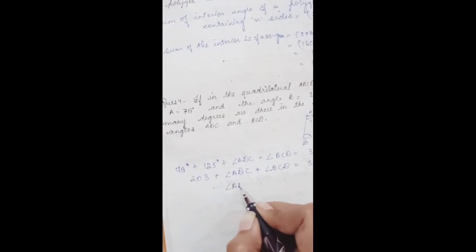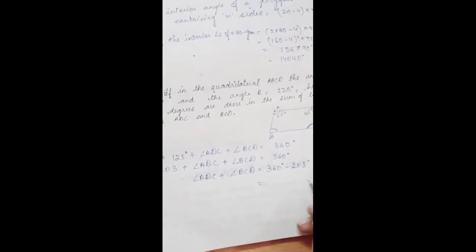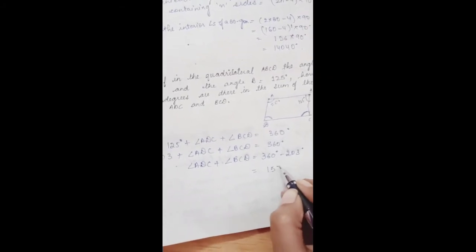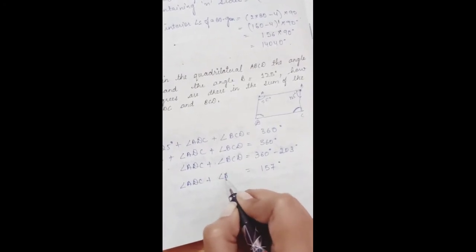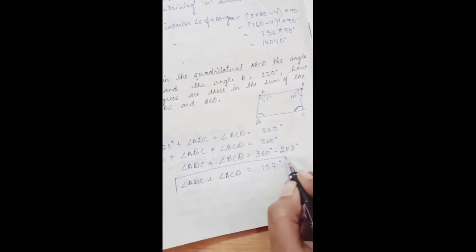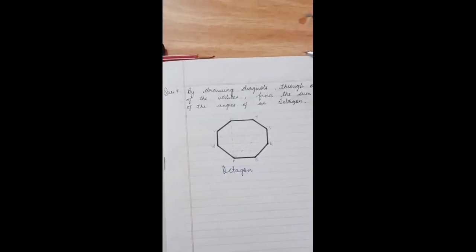Now angle ADC plus angle BCD is equal to 360 degrees minus 203 degrees. So here we get 157 degrees. So the sum of angles ADC and BCD is 157 degrees. Next question, question 7.